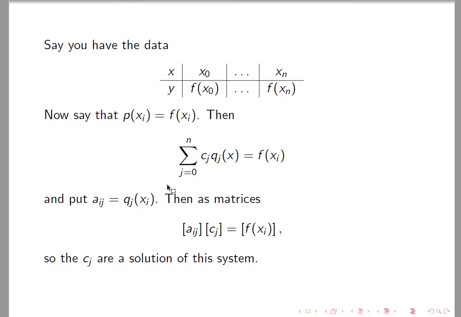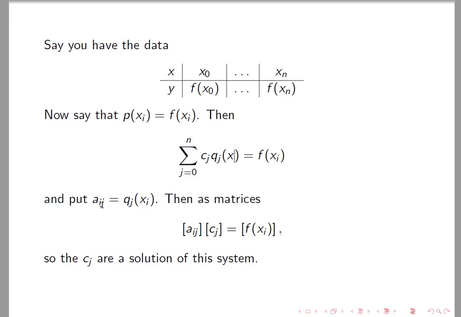Okay, so we'll consider now the sum j equals 0 to n of cj times qj of xi, equals f of xi.